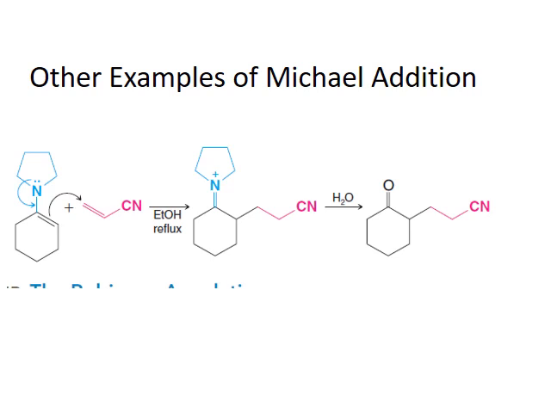One of the carbons of the double bond is a nucleophilic carbon and will attack the beta carbon in the alpha beta unsaturated nitrile, resulting in alkylation of this enamine.